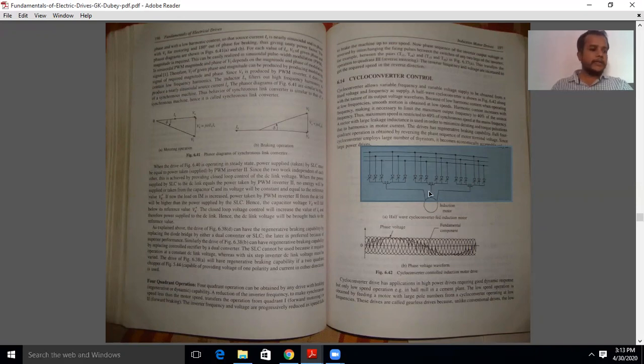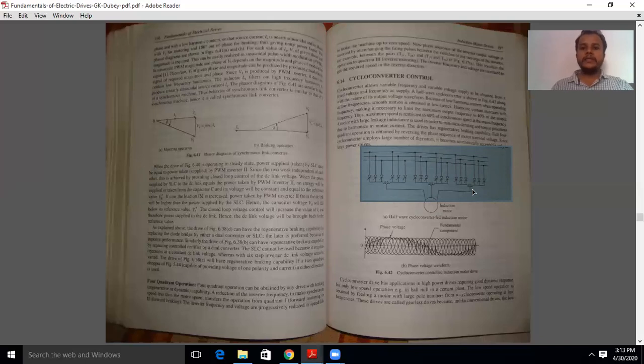Whatever the output voltage waveform we are getting at the motor, it has some harmonics, but it is close to the sinusoidal. Hence leakage inductance is used. Here we are using leakage inductance in each phase to minimize the derating and torque pulsation of the motor.